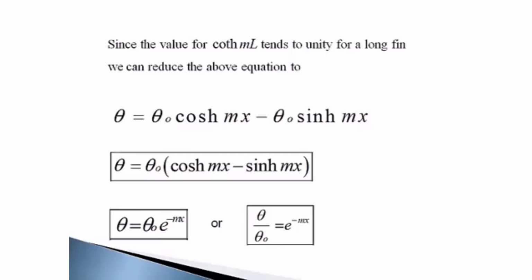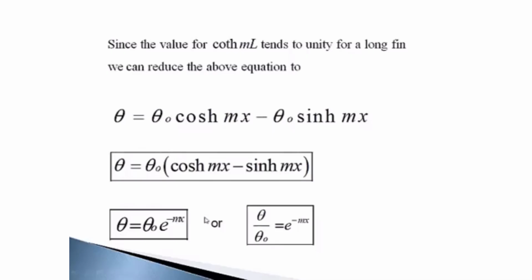But with a less conductive material, the temperature drops considerably after a certain distance from the base. So theta will be the temperature difference at a distance x, which is theta 0 into e raised to minus mx, where x is the distance from the base to the point where you are measuring the temperature difference theta.